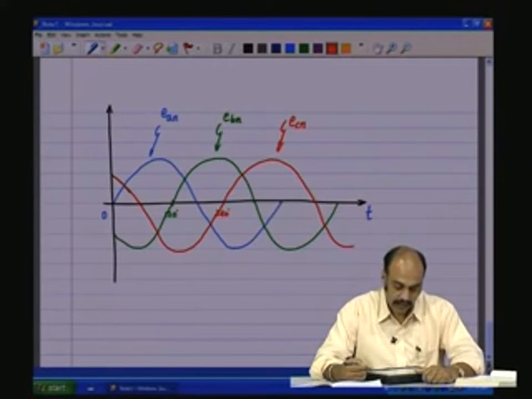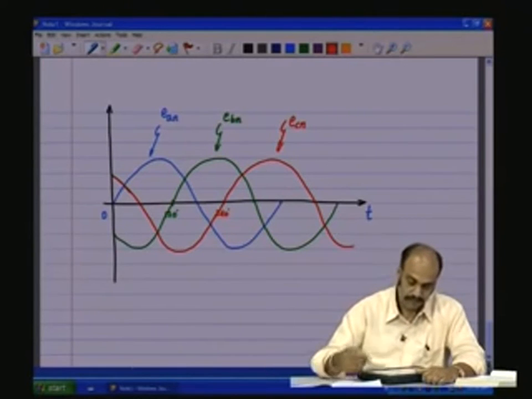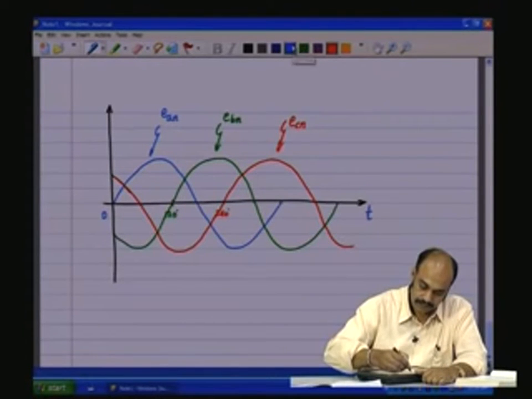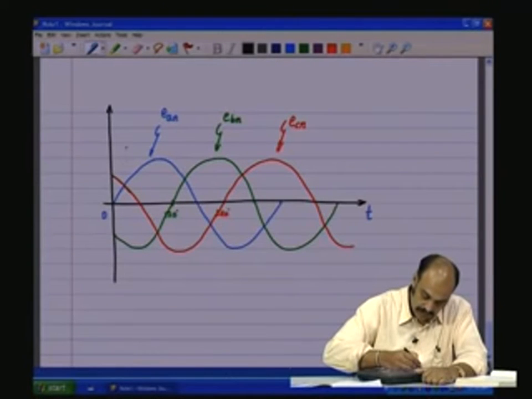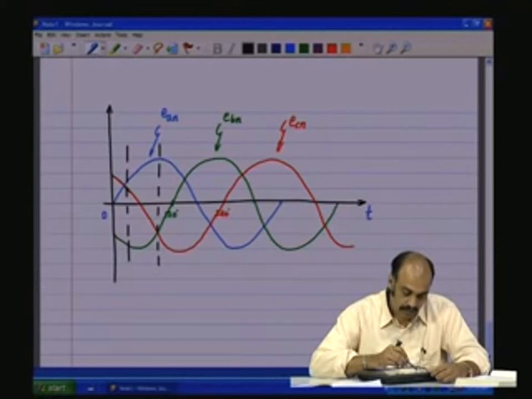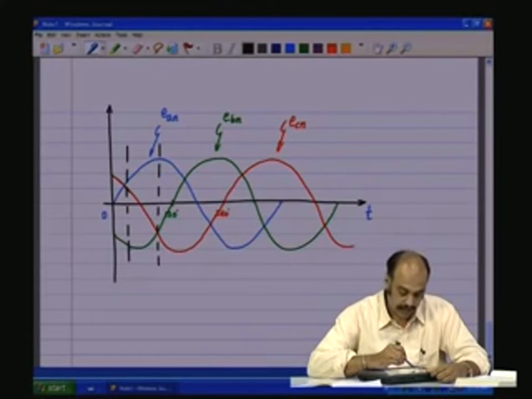So, now if we look at these waveforms, one thing that we observe is that at any section, you can take any section, at any section, this is positive, the other two are negative, and here these two are positive and the other one is negative maximum.